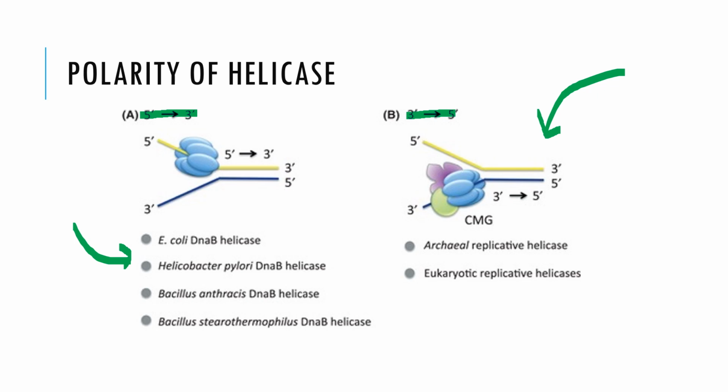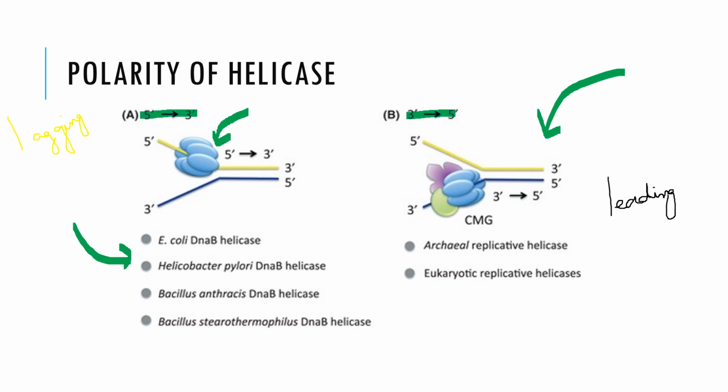In case of prokaryotes, the helicase is loaded on the lagging strand, whereas in case of eukaryotes, the helicase is loaded on the leading strand.